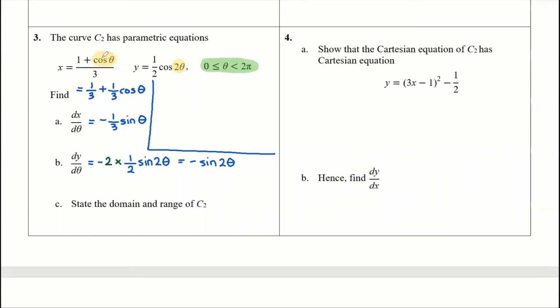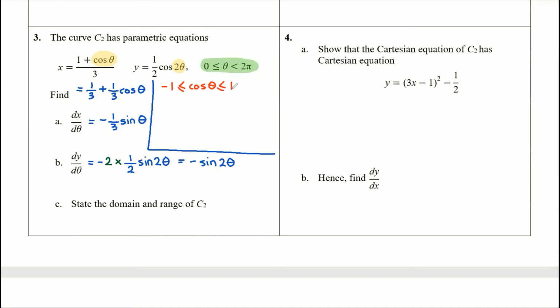Now, how is it bounded? Well, if we just write down the bounds of cosine, we know that cosine is bounded between -1 and 1 inclusive, between 0 and 2 pi, because there's a full cycle of cosine within 0 to 2 pi. So those are the bounds of my cosine.